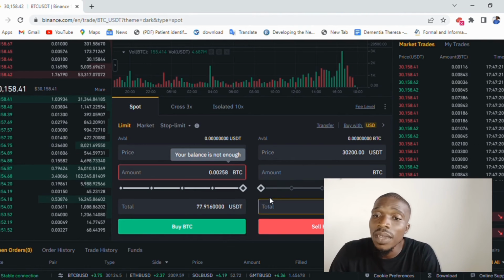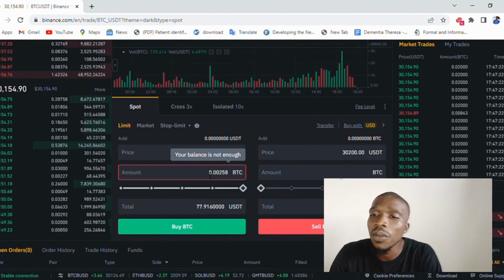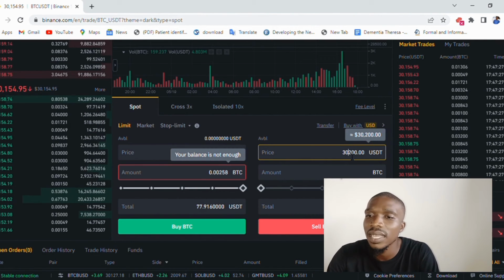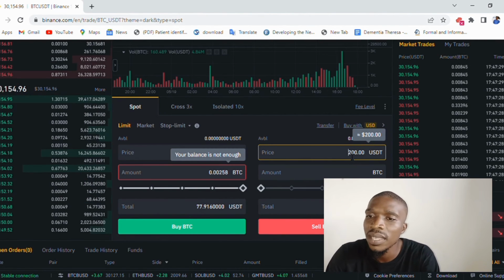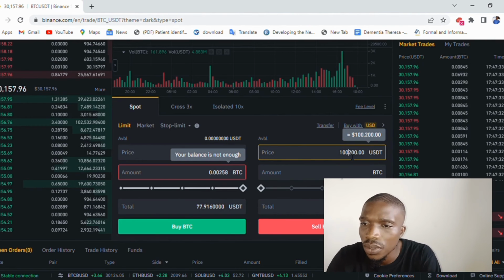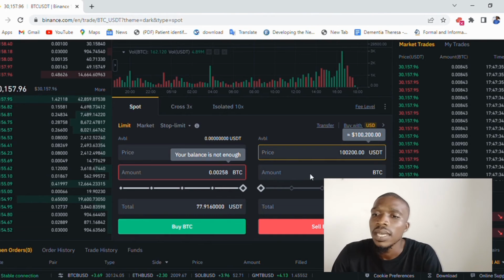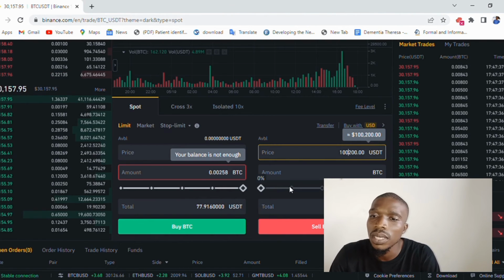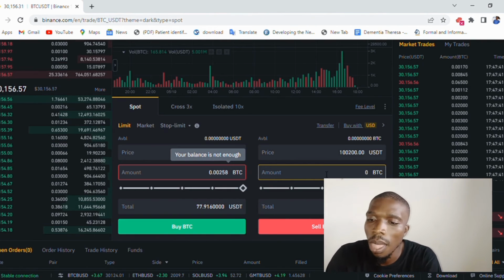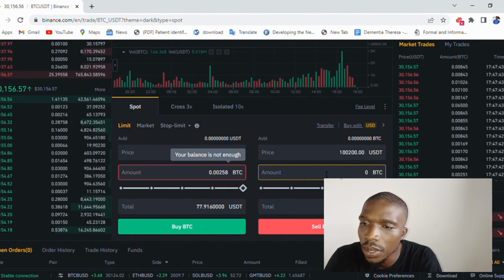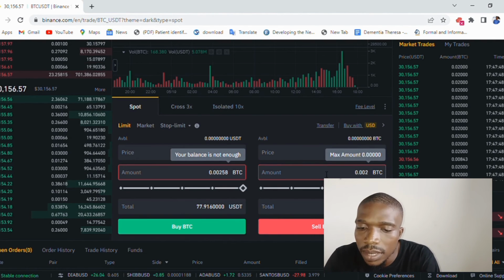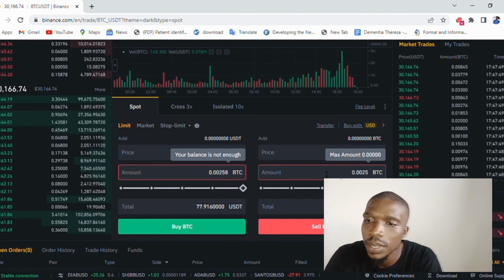Okay, so assuming I've made profit, and BTC is no longer at 30,000 naira, it has gone to let's say $100,000. Okay, correct. And I still was able to keep my 0.00258 BTC.